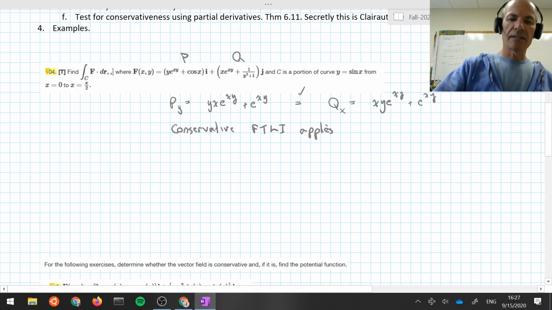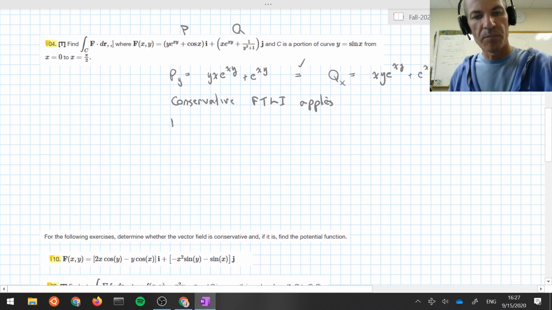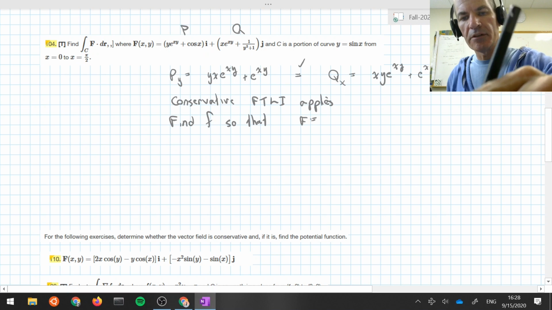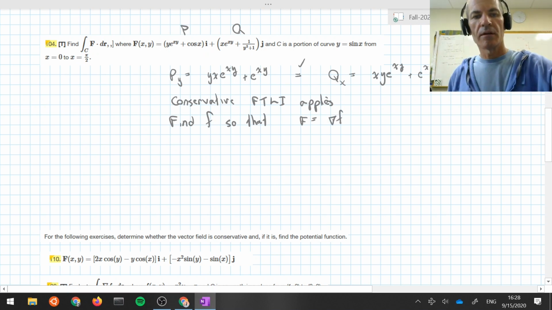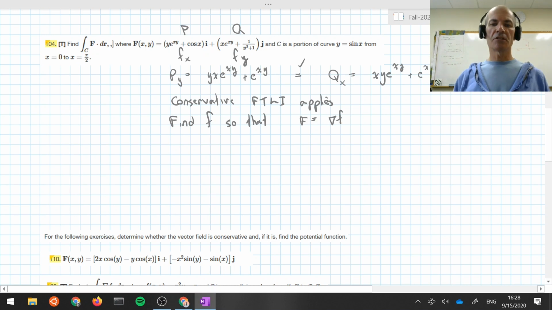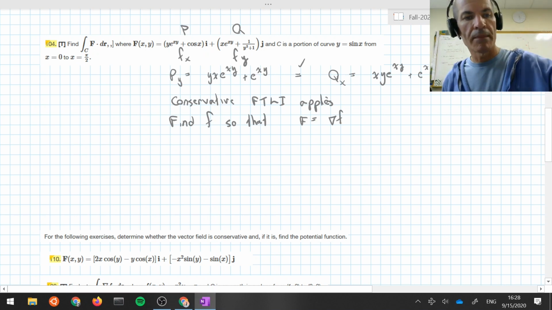Okay, well, what do we do next? Now we have to find the potential. So we find little f so that F is equal to the gradient of f. What that means is we're assuming now that this first coordinate is f sub x and this second coordinate is f sub y because it's the gradient of little f.